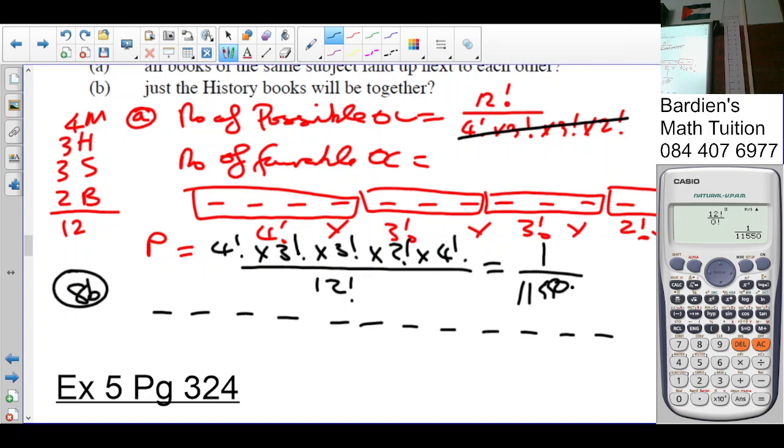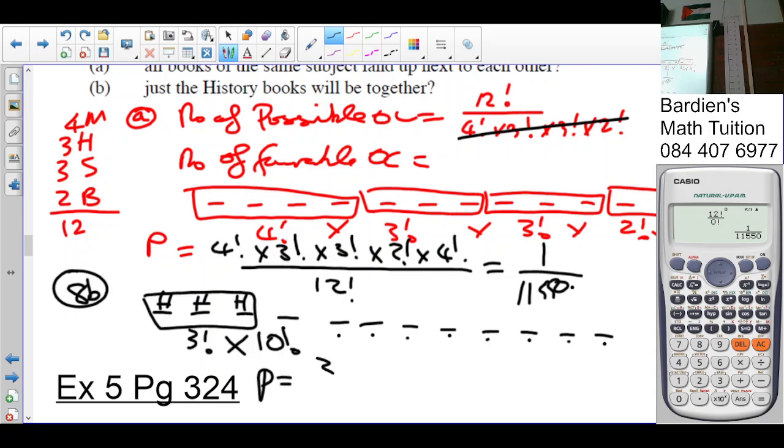There are only 3 history books, so we'll bind 3 of them. So they can be arranged in 3 factorial ways, times, okay, so this becomes one entity. So it's 10 times 10 factorial. This is the favorable outcomes. That's what they're looking for. So the probability is going to be 3 factorial times 10 factorial over 12 factorial.